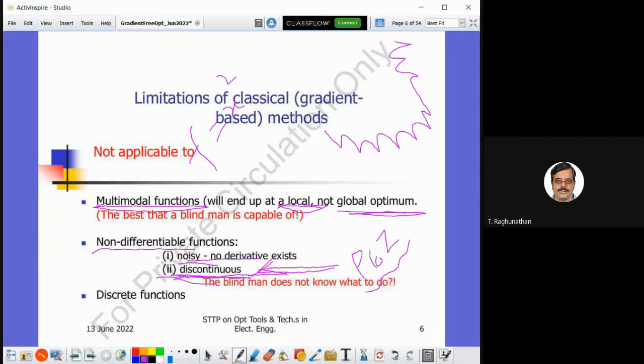There is no way that you can eliminate these discontinuities in the generating operation curve. And not just that, when you have discrete functions, again you can't find a derivative. So you can't apply these gradient-based methods. In the next few slides, I'll show you examples of this.